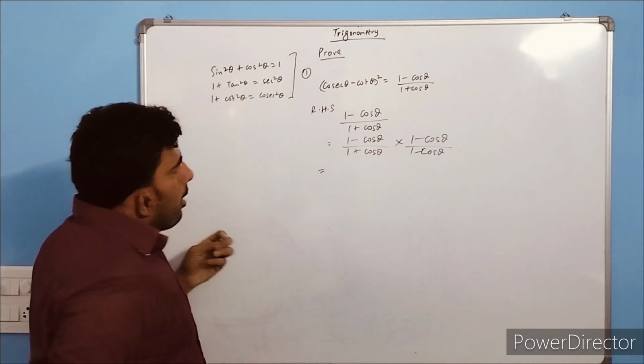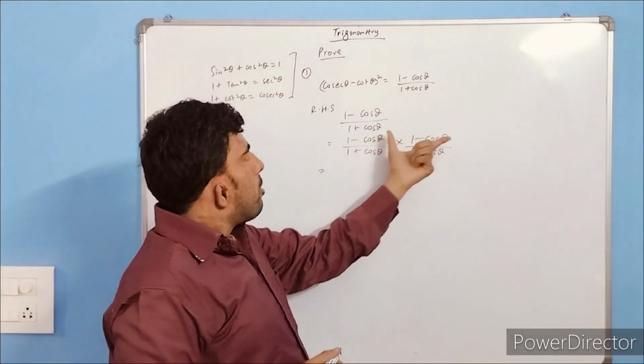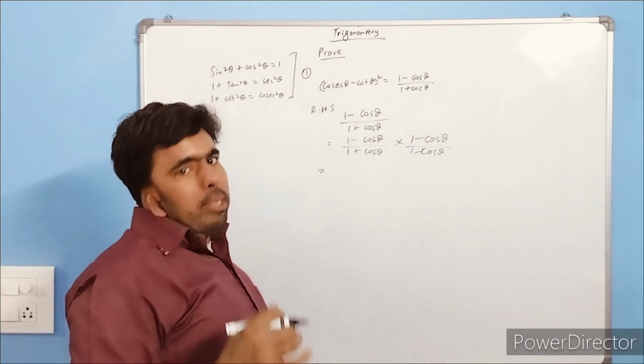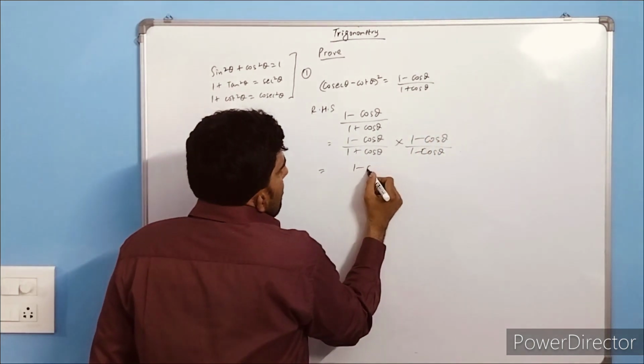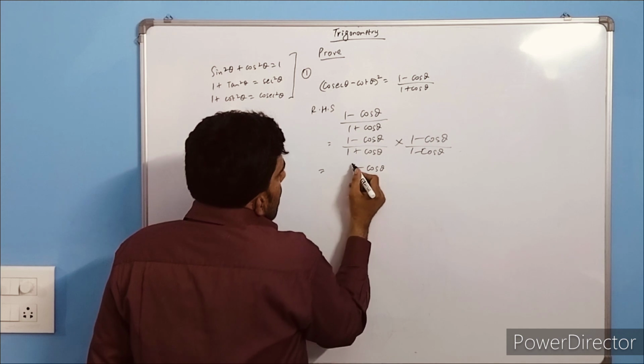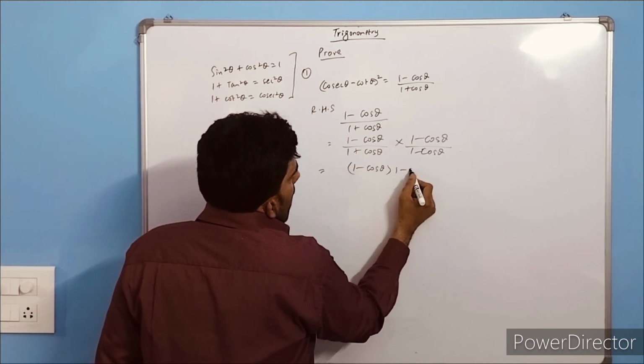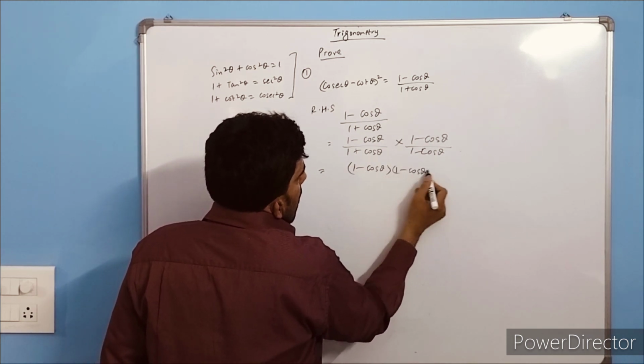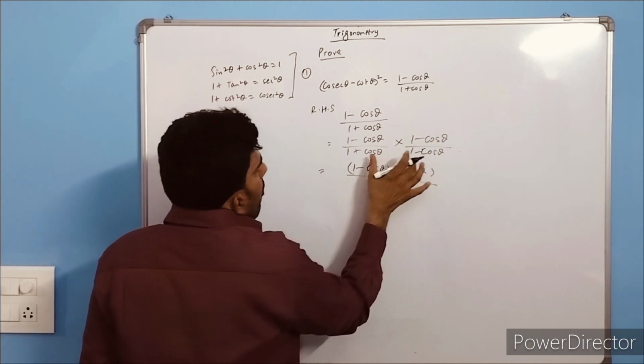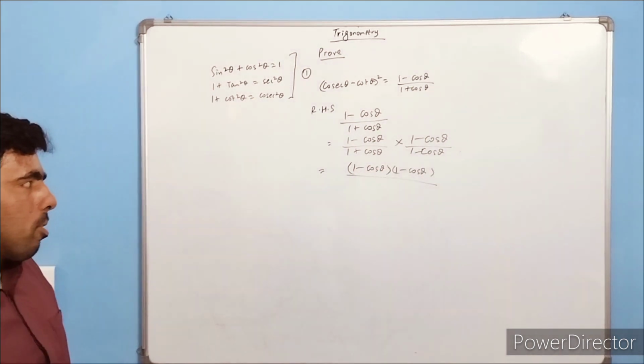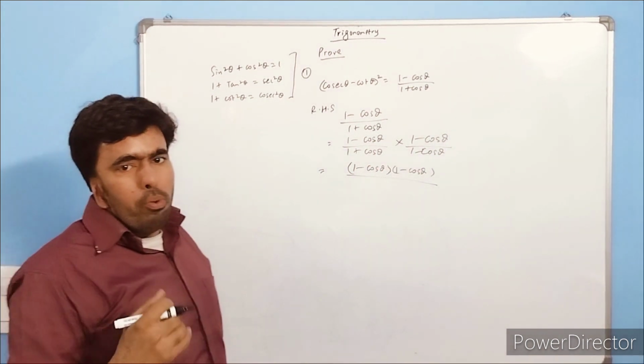Now you can see 1 minus cos theta into 1 minus cos theta. That is a minus b into a minus b, so 1 minus cos theta into 1 minus cos theta. We'll put the same here. But below, 1 plus cos theta into 1 minus cos theta, that is a plus b into a minus b.